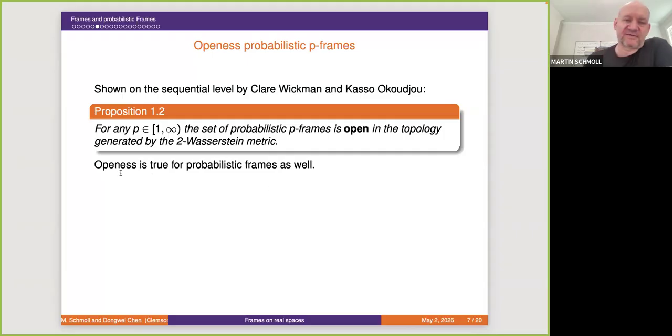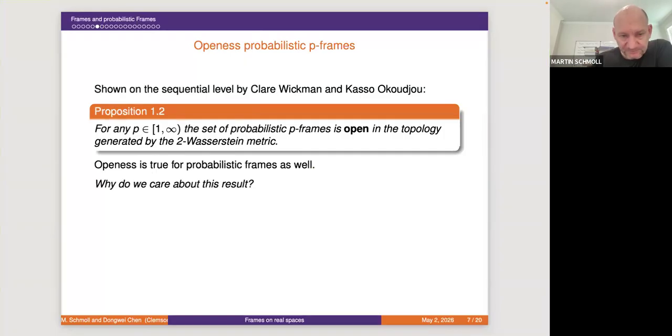And I just realized that this openness is true for the whole set of probabilistic frames in the Levy-Prokhorov metric. I have not written down the proof, but I checked it, so it's got to be true.